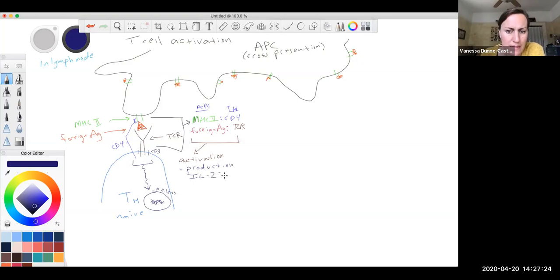And this is a lymphocyte growth factor. So that would be number one, or the first thing that's done here. Activation is the production of interleukin 2. So here now we have secretion of interleukin 2.